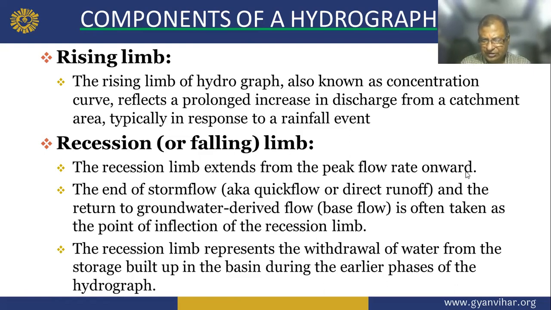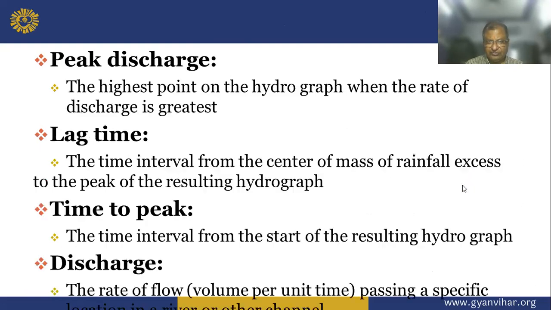Base flow is often taken as the point of inflection of the recession limb. So the recession limb presents the withdrawal of water from the storage built up in the basin during the peak of the hydrograph.